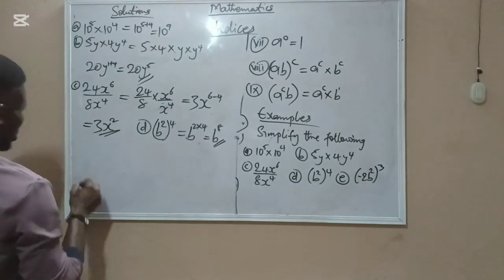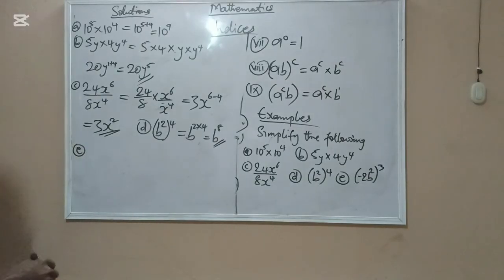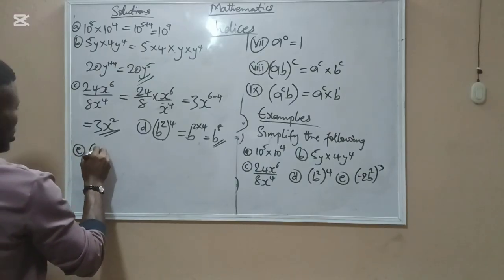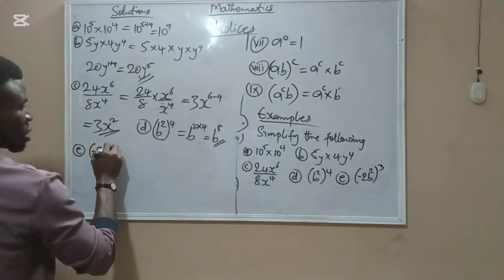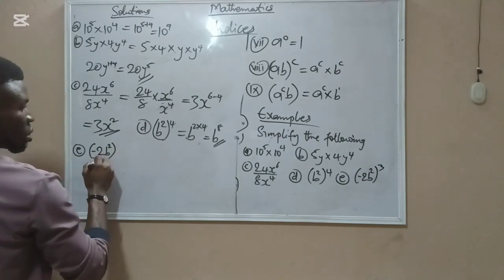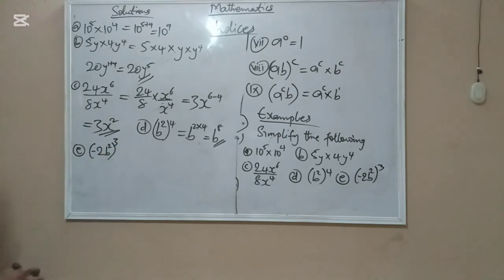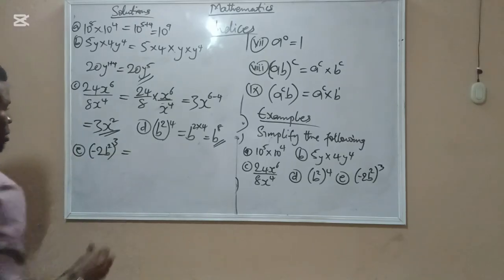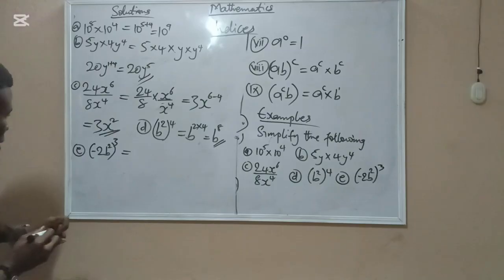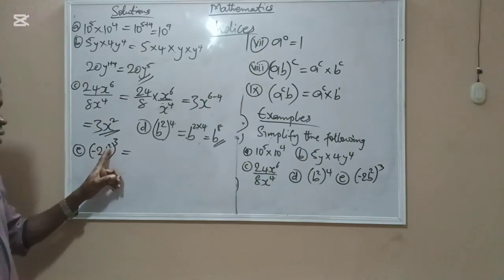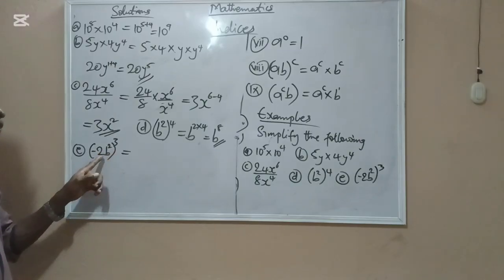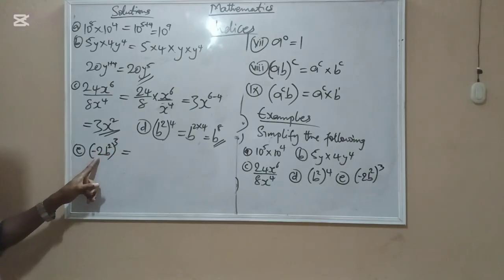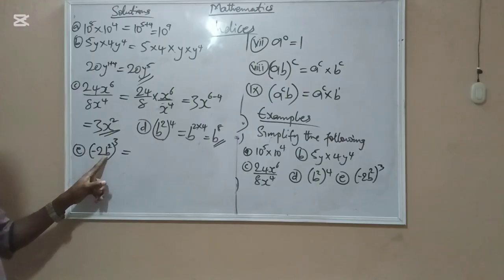And then the last one there, E. It says minus bracket minus 2b, square bracket close, all to the power 3. Now, look closely. From here, the power 2 is only for b, while the power 3 is for both 2 and b.